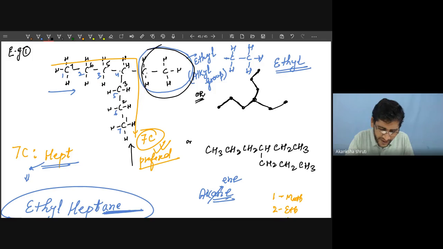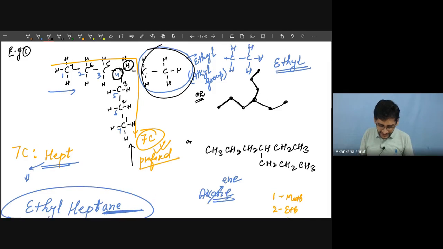What are these two numbers? In one case we are getting this 4, and in the other case we are also getting this 4. So there is no ambiguity, no doubt the 4 will be there. But it may be possible that from one side we are getting the 3 and from the other side we are getting the 4, then the lower number should be preferred. That is the rule, that I will write later.